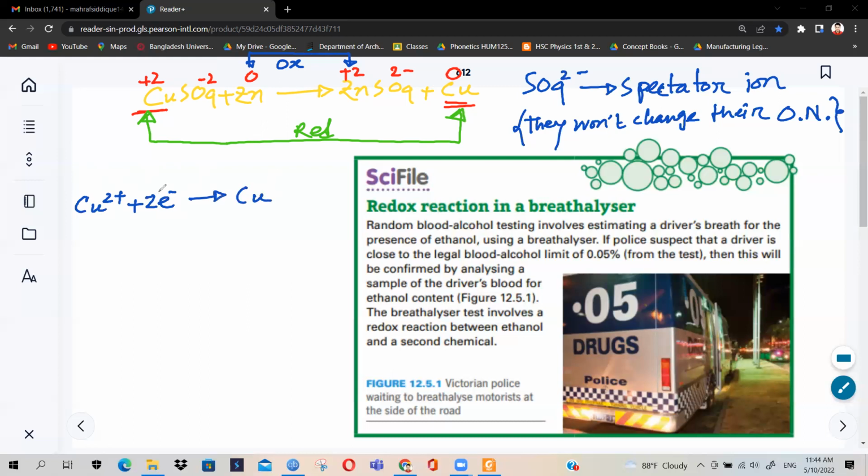I hope it's not that difficult, right? Okay, now just write down half reduction. How is it half reduction? I explained it to you. Redox reaction means reduction and oxidation.